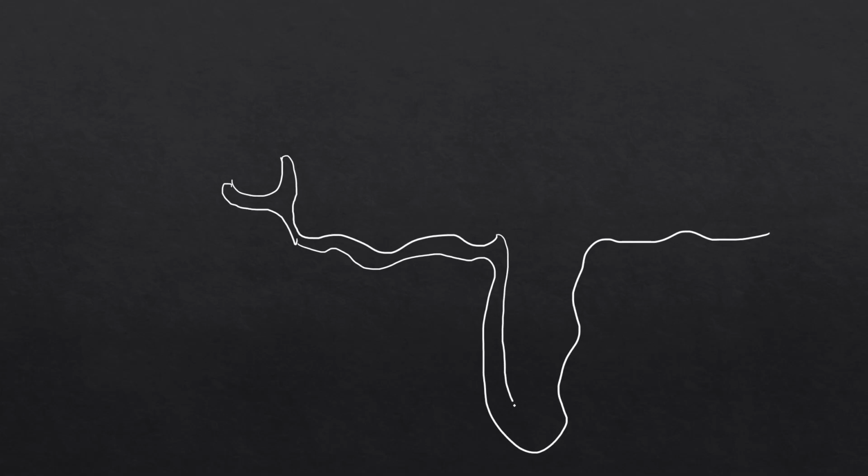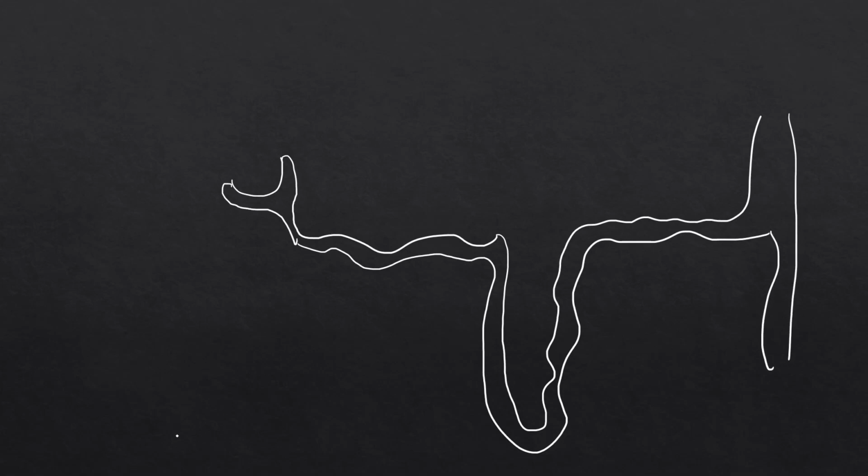Don't think that it will be like this, a nephron won't look like this, but it is my and NCERT's way of drawing it. This part is your glomerulus, and this cup-like thing which is enclosing the glomerulus is called Bowman's capsule.